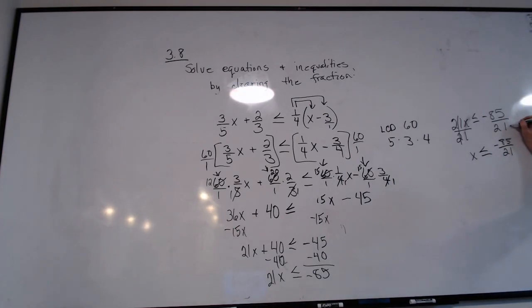What are two numbers that go into 21? 7 and 3. Does 7 or 3 go into these? The only way I can reduce this is by reducing this one by either 7 or 3. I'll tell you 3 doesn't go in there because if you add the digits, it's 13, that's not divisible by 3.